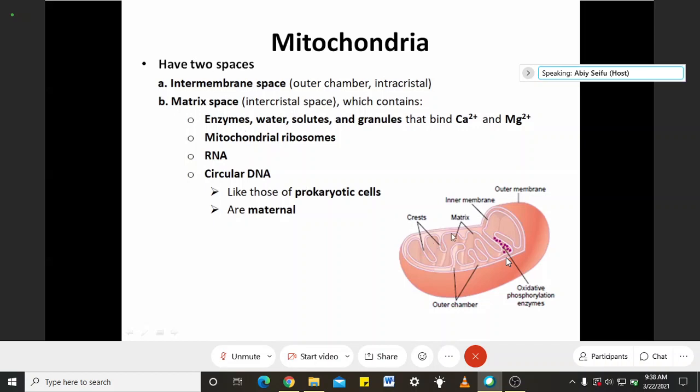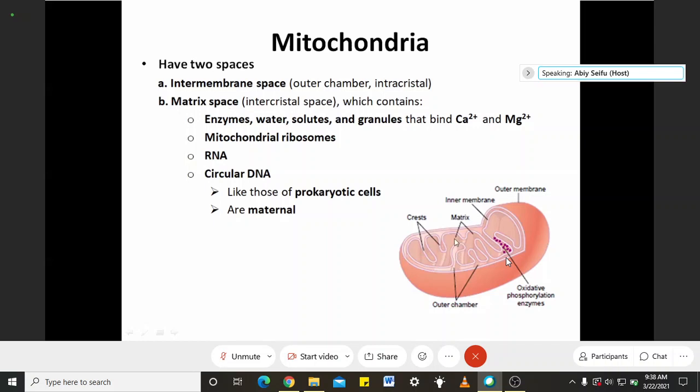Indeed, the next space, the inner compartment, is found between adjacent cristae, so you can call it the intercristal space. It is also known as the matrix.